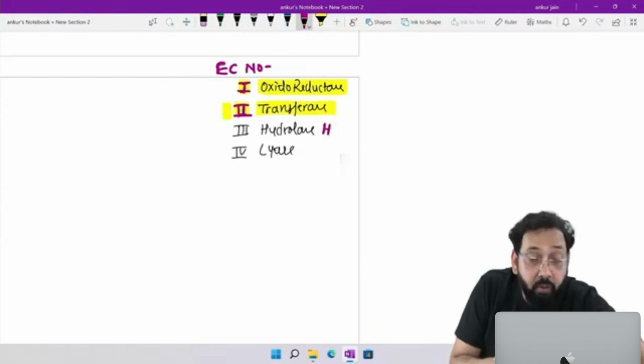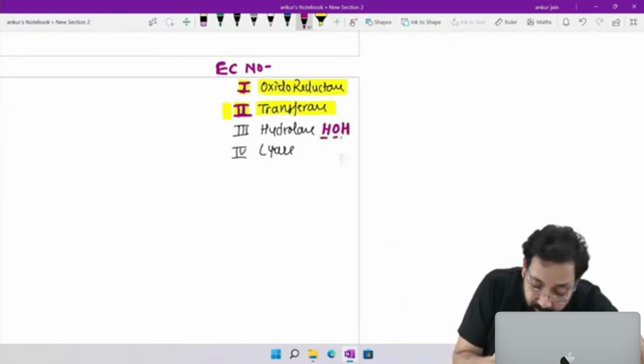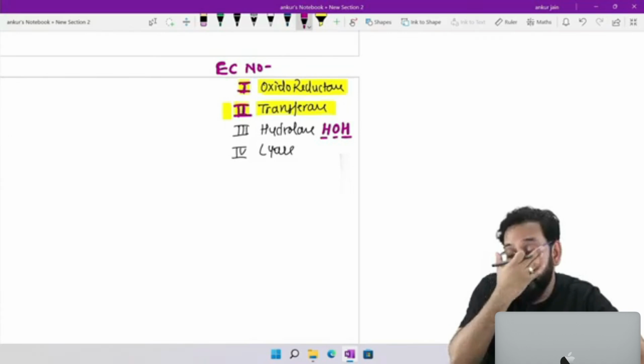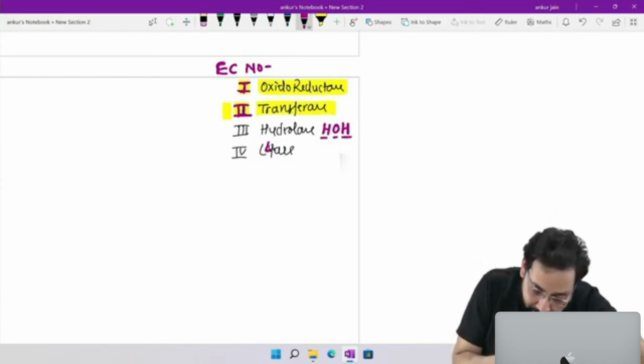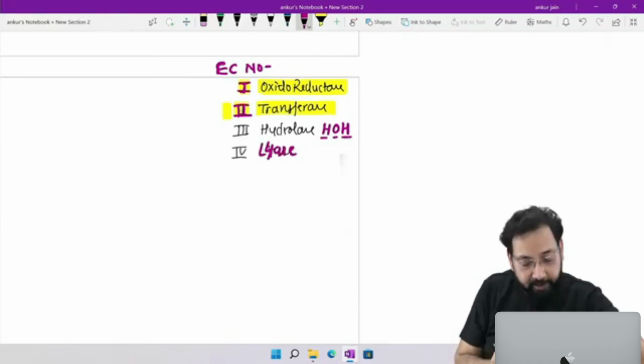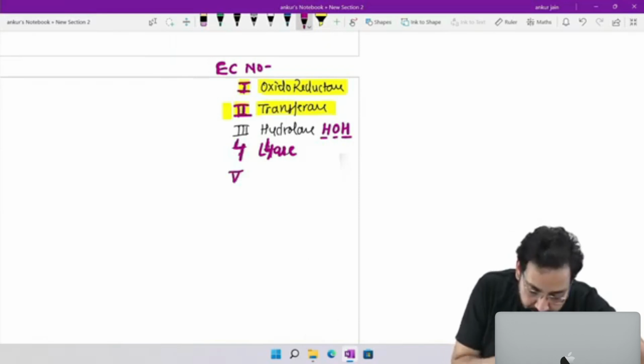Hydrolase cuts a bond with addition of water. So HOH, water. How many letters are there? 3. So hydrolase is EC number 3. Lyase: Y looks like 4. So lyase is EC number 4. Isomerase, EC number 5.